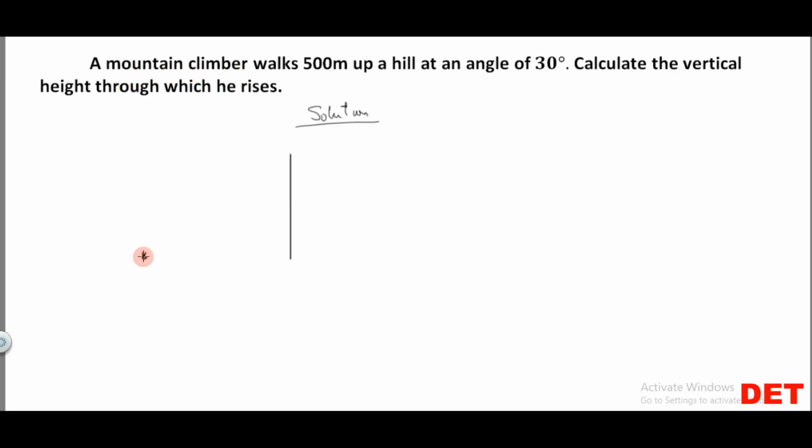So when this person walks 500 meters up the hill at an angle, this is the horizontal line here. And the person now walks 500 meters up this hill at an angle of 30 degrees.